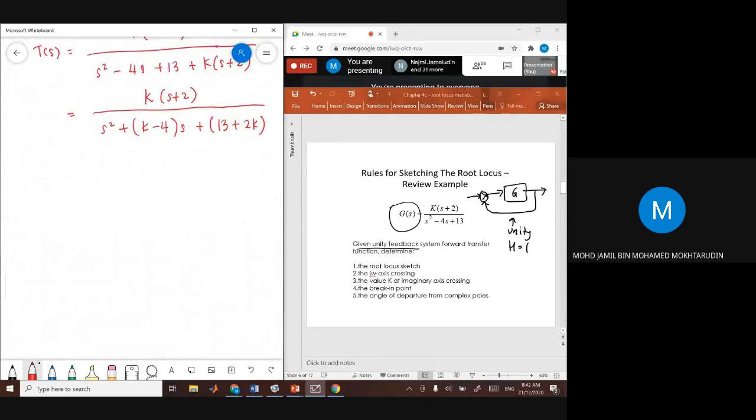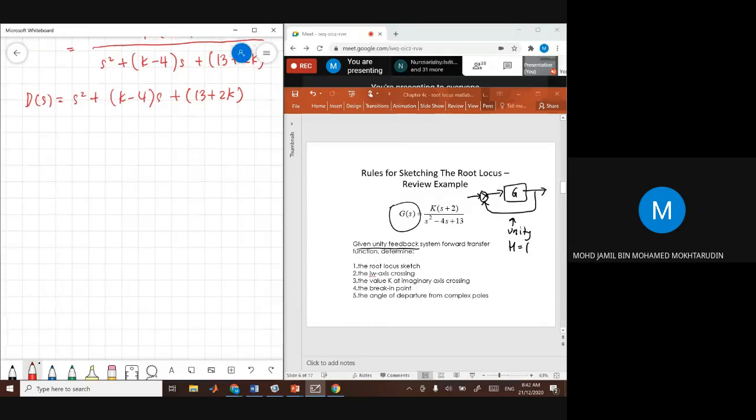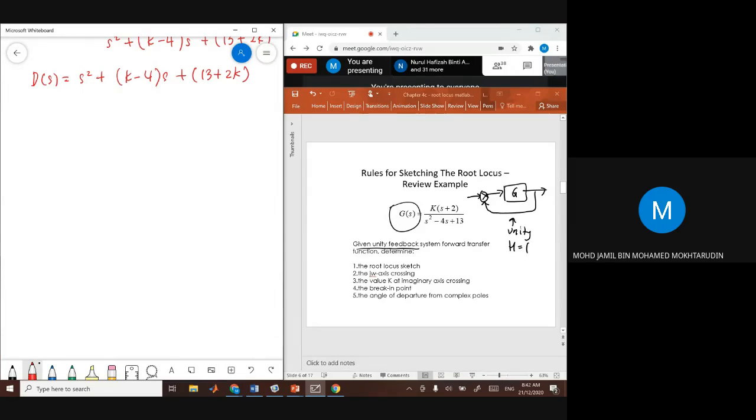Then we use the denominator. Okay, and then you do the Routh-Hurwitz table.